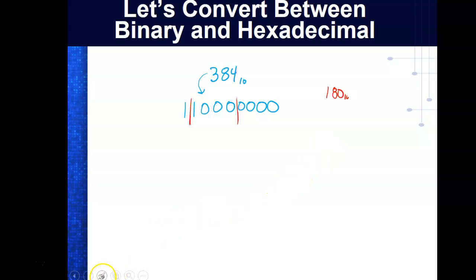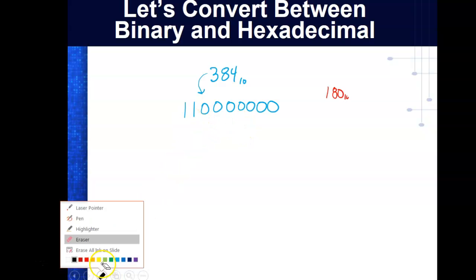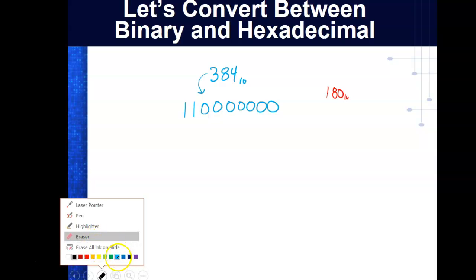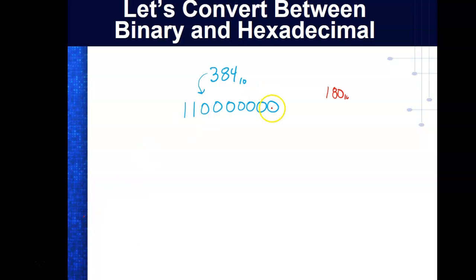If I was going to do that in octal, I do exactly the same method, but I split that number up into groups of 3s. 1, 2, 3, 1, 2, 3, 1, 2, 3. Okay, everybody okay? So that would be a what? That'd be 600 base 8.